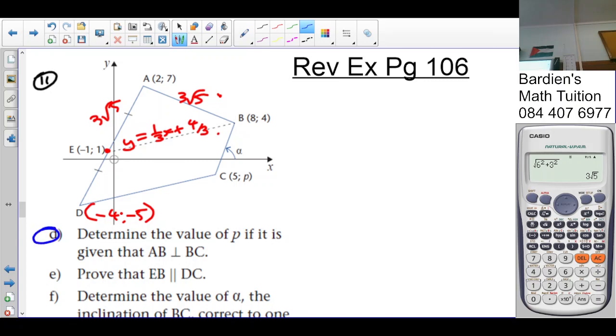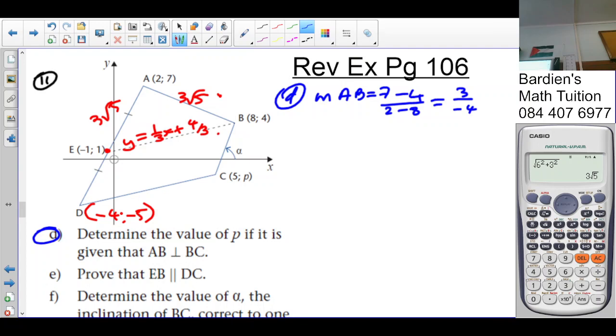If lines are perpendicular, what do we know? Product of the two gradients is negative 1. So we work out the gradient of AB. Do we have the gradient of AB already? No. Did I work out gradient before? Yes. I don't need to write the formula down again. So it's going to be 7 minus 4 over 2 minus 8, which is 3 over minus 4. Which makes sense, the gradient is leaning to the left.